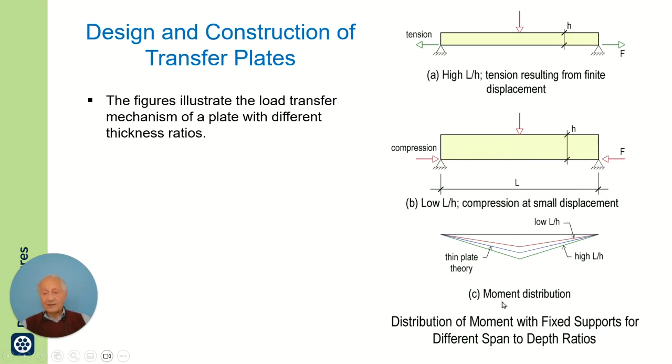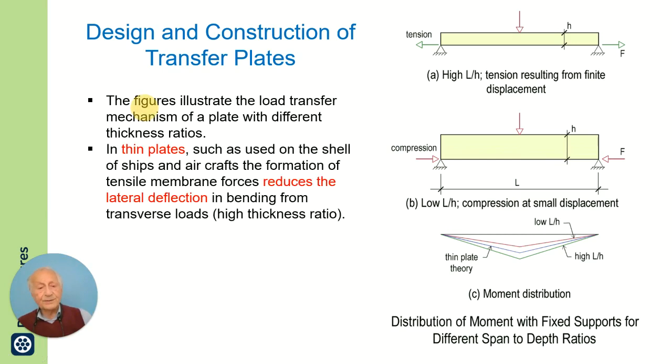I have here the moment distribution for larger span to depth ratio, which is the condition in residential and commercial buildings, and then for low aspect ratio. The figures illustrate the load transfer mechanism of a plate with different thickness ratios.